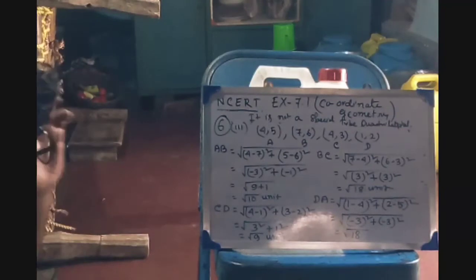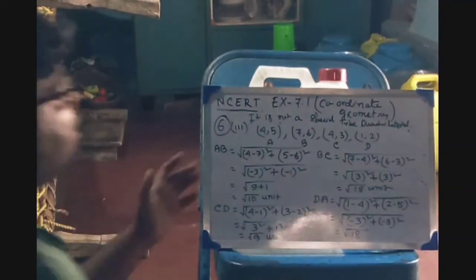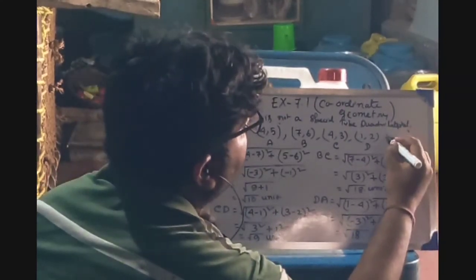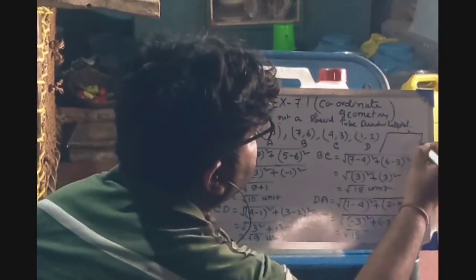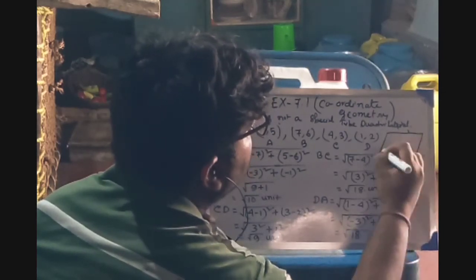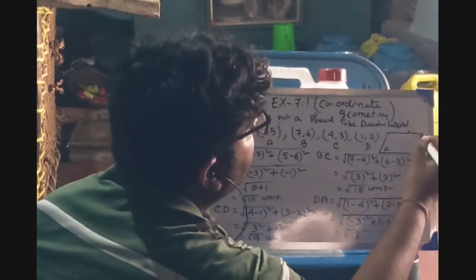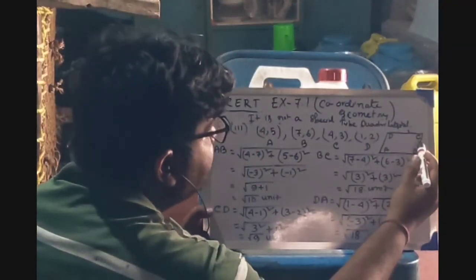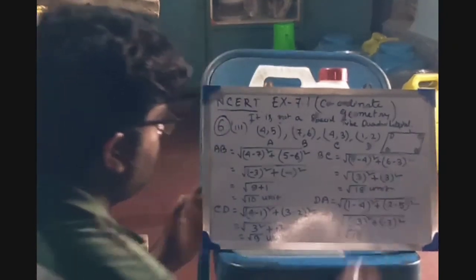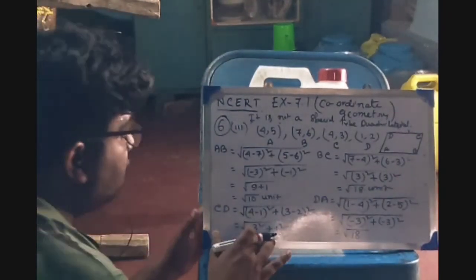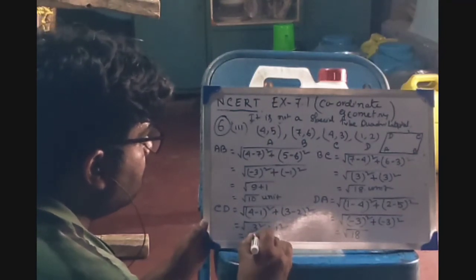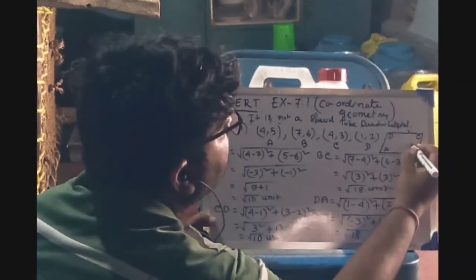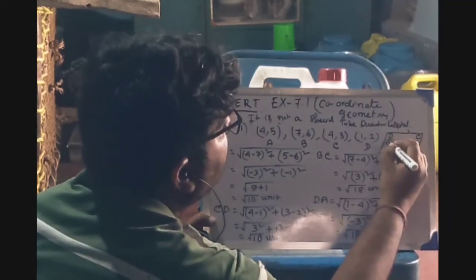So here we can see that BC and DA, if we draw the quadrilateral over here, A, B, C, D. So here BC and DA will be root 18 unit. This will be root 18, this will be root 18.